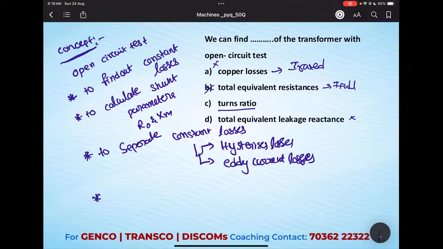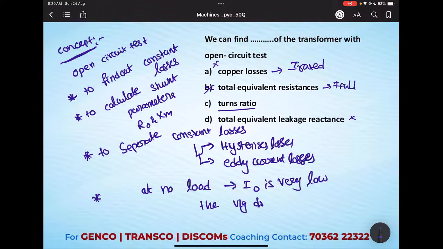We already know that at no load the current is very small, that means I naught is very low. So the voltage drop is also very less, and E1 is nearly equal to E2. From this you can calculate E1 by E2.